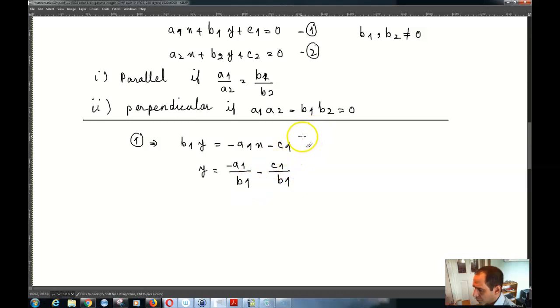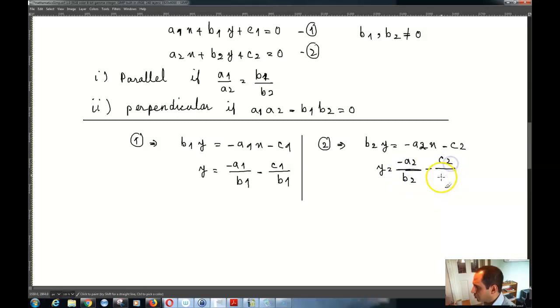So this is number 1. Number 2, this equation I can write as b2 y is equal to negative a2 x minus c2. So y is equal to negative a2 over b2 x minus c2 over b2.